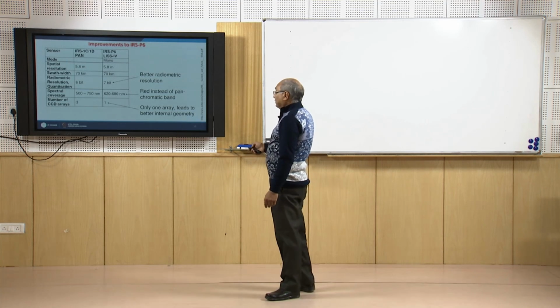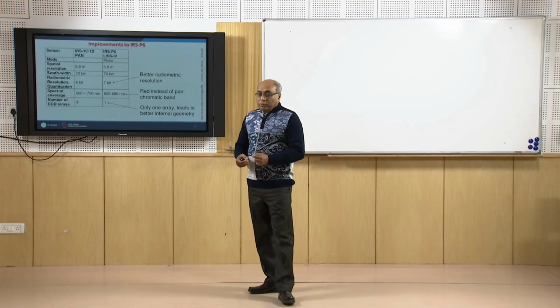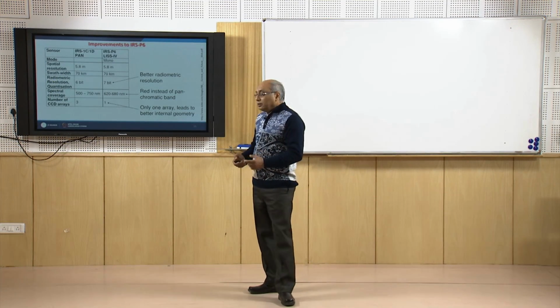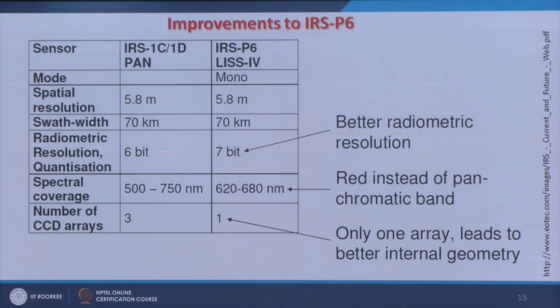Here the IRS 1C 1D had a panchromatic camera, and IRS P6 has the LISS 4 which was also mono or panchromatic. Many things are completely comparable, but the major difference, like I mentioned earlier, is that in case of IRS 1C 1D we had only 6-bit data. That means pixel values could vary only between 0 to 63, a total of 64, whereas in case of LISS 4 we had 7-bit.